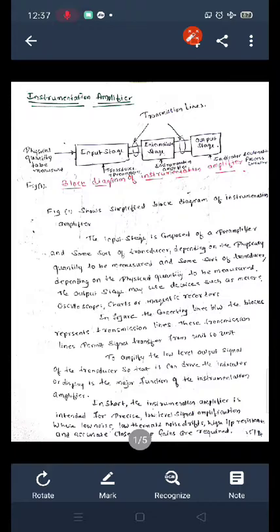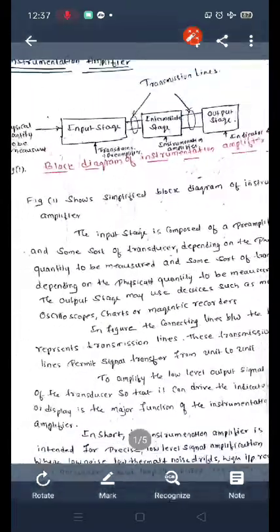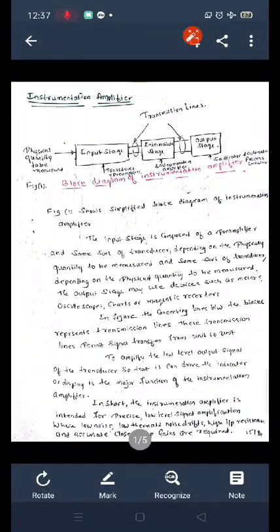Now this is our main block diagram, how our instrumentation amplifier looks. The physical quantity to be measured is given to the input stage, and the input stage is then given to the intermediate stage, and from the intermediate stage we apply it to the output stage.